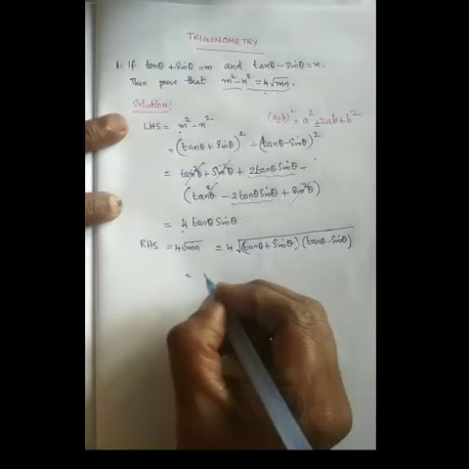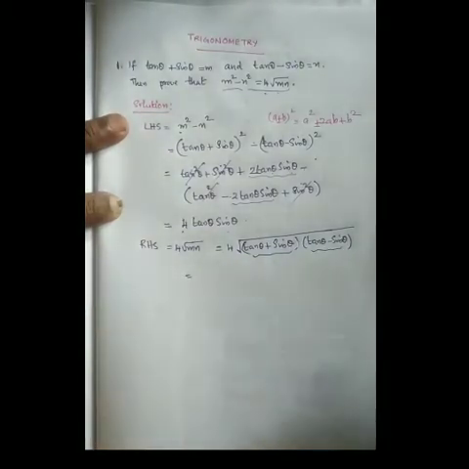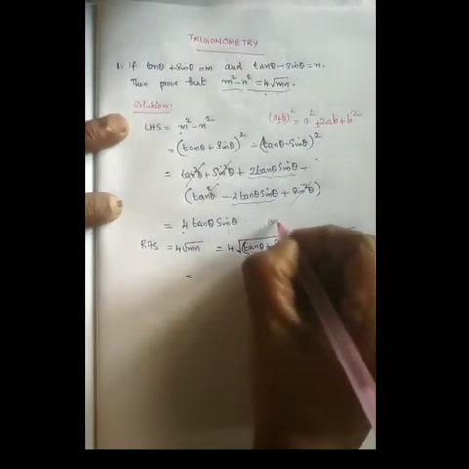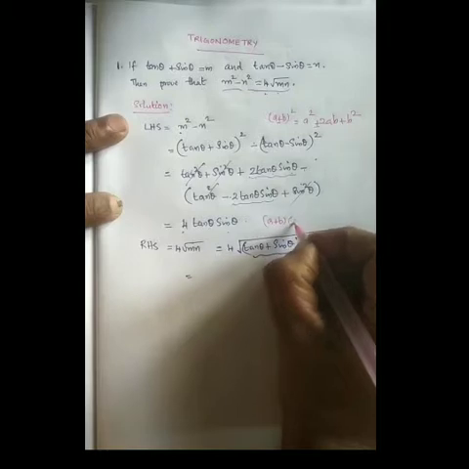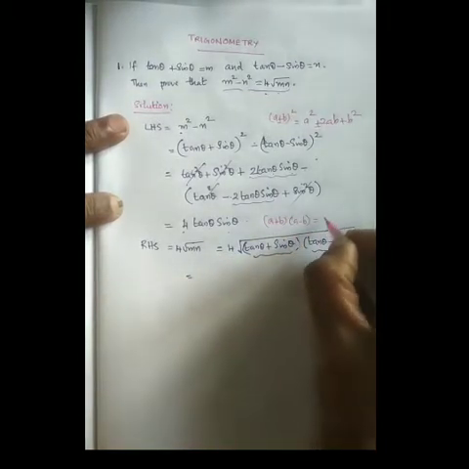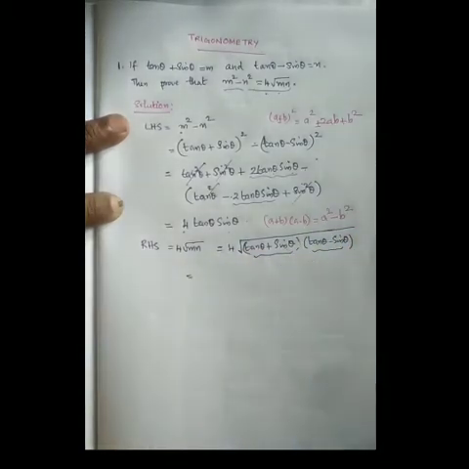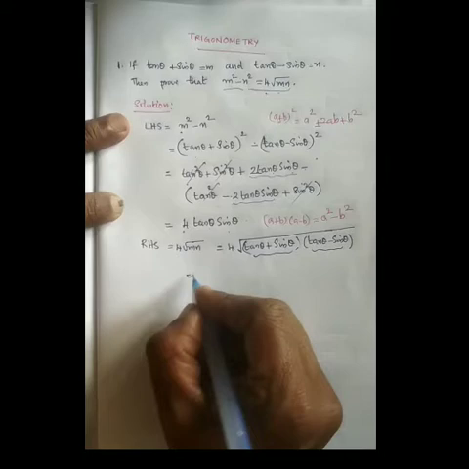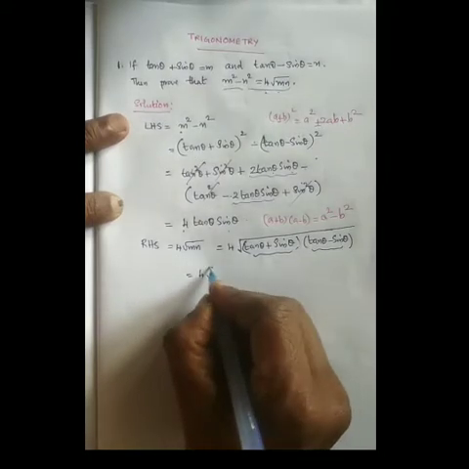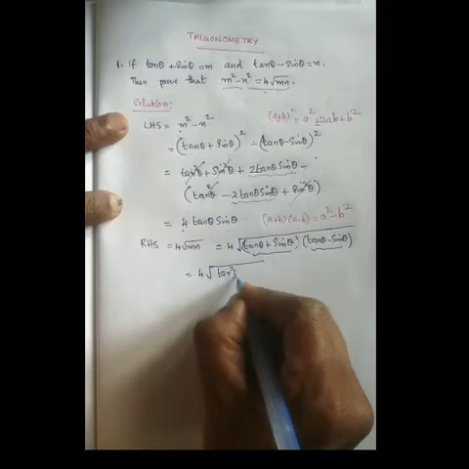Simplifying, this is of the form a plus b into a minus b. A plus b into a minus b is a square minus b square. Using this identity we get 4 into square root of what? Tan square theta minus sin square theta.